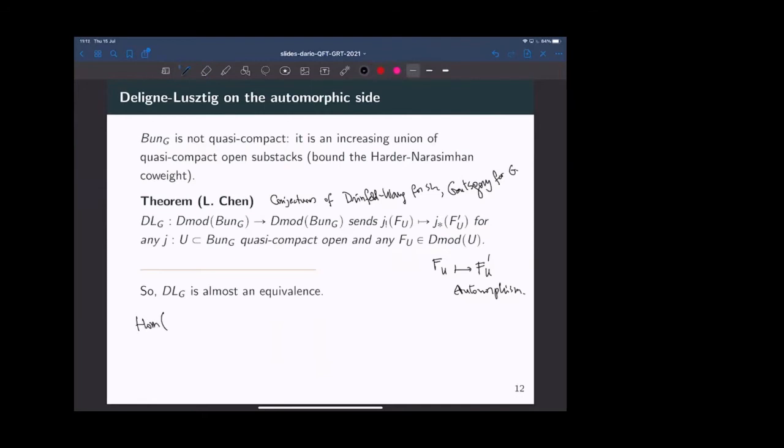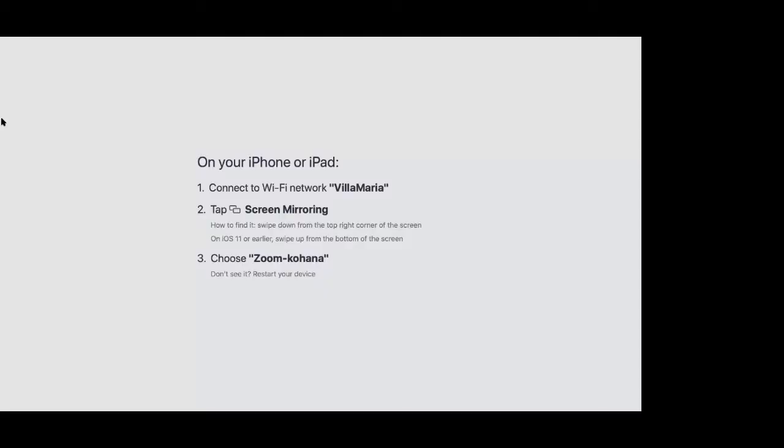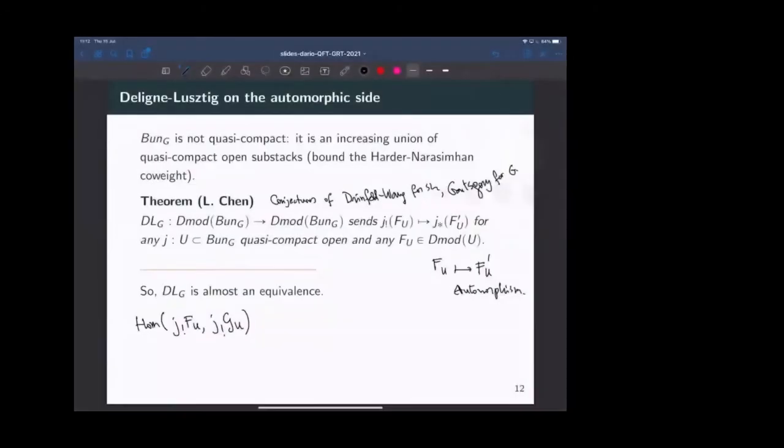So let me show you how close it is to being an equivalence. For example, let me show it's fully faithful on these shriek extensions. It's really easy. Suppose I have two shriek extensions. Since j lower shriek is fully faithful, I can remove it.